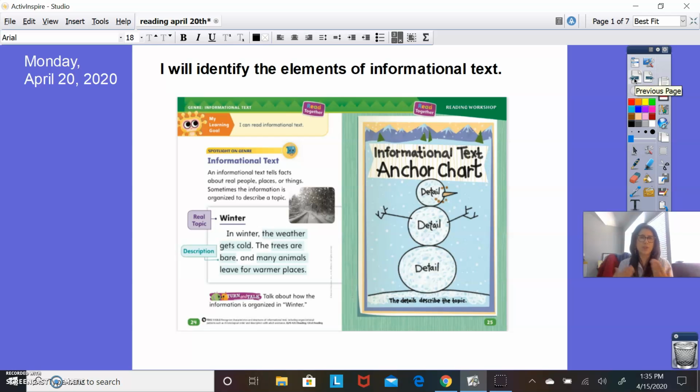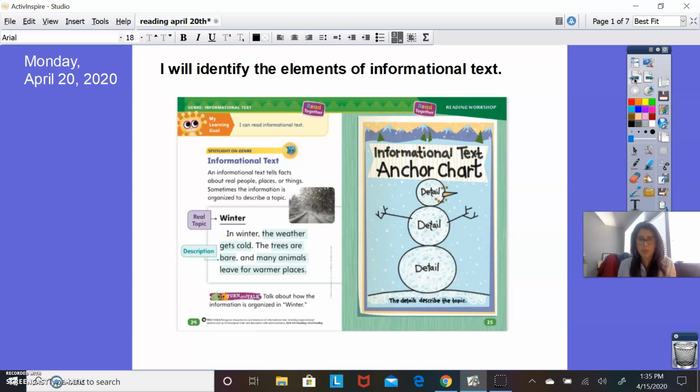On Monday, we started off by talking about informational text, identifying the elements of informational text. And as we were talking about it, we said that informational text tells facts, not how we feel or what we think about something, but it's more about telling the facts about real people, places, or things.